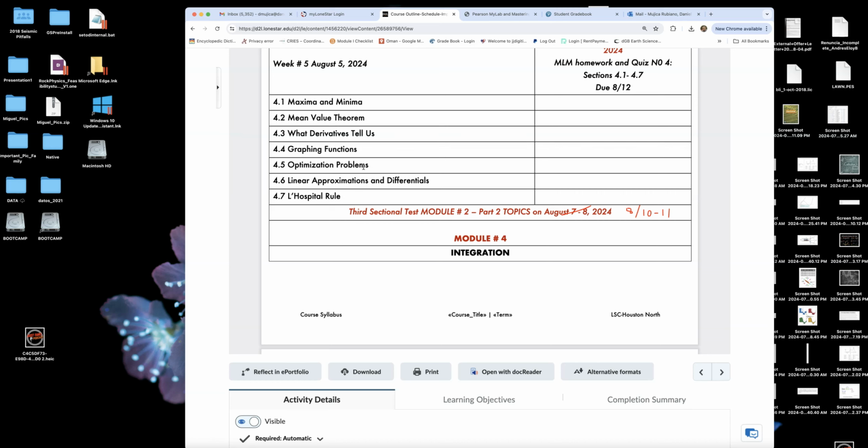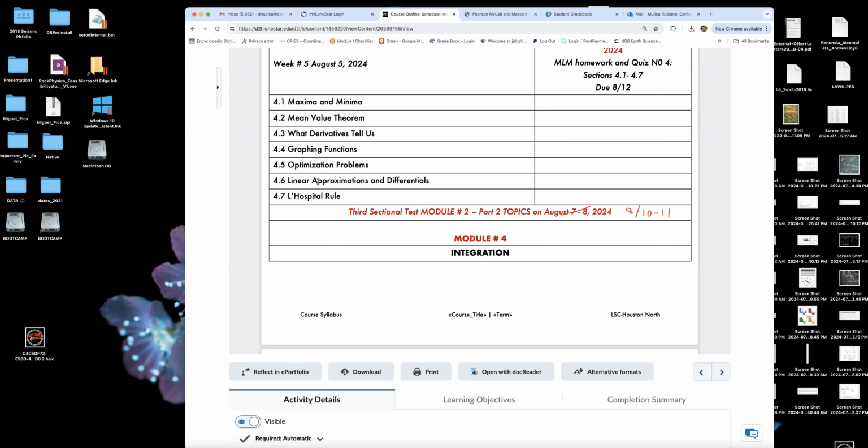Just an example. Then we're going to use something that is very useful, which is L'Hospital's rule. That is a rule that allows us to find limits in a very easy way. Well, this is basically what we're going to cover this week.